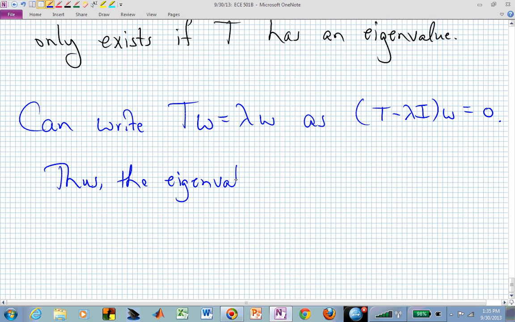So if we have the eigenvalues, then we can actually find the eigenvectors associated with that eigenvalue.